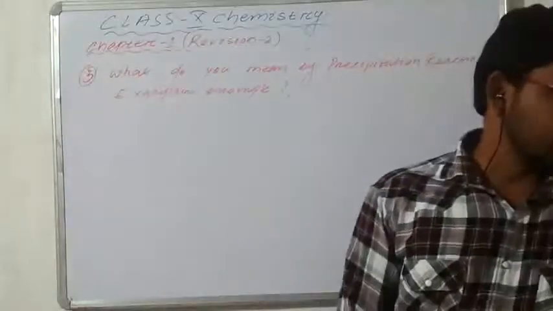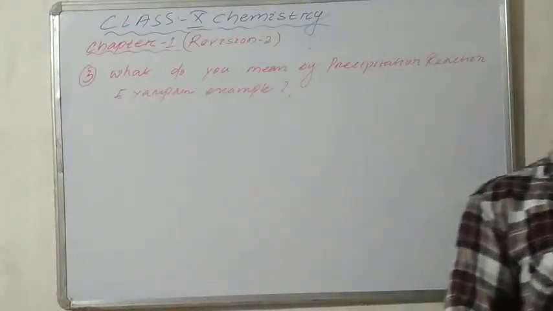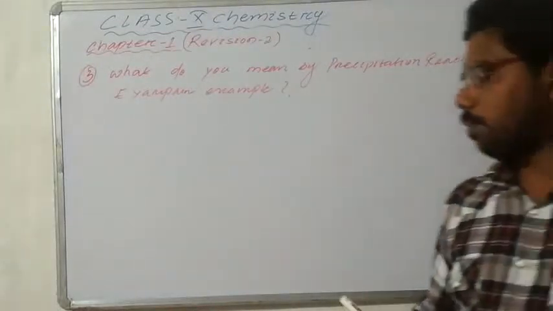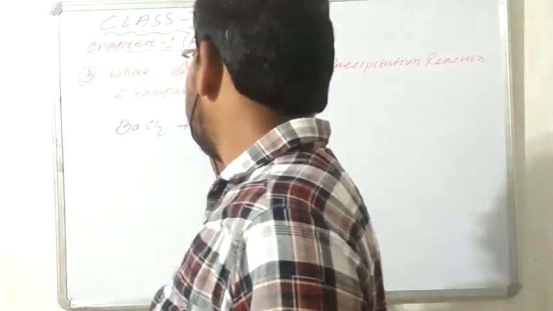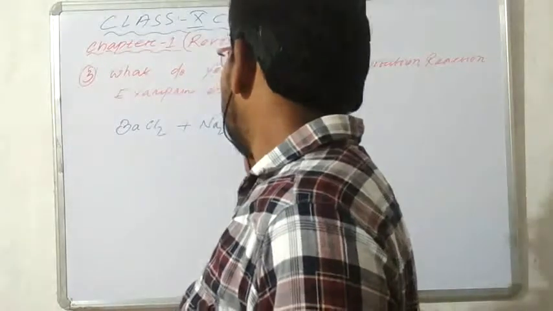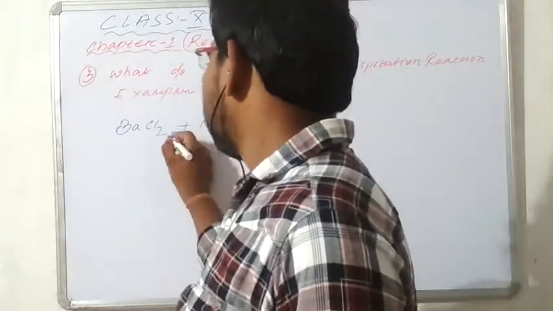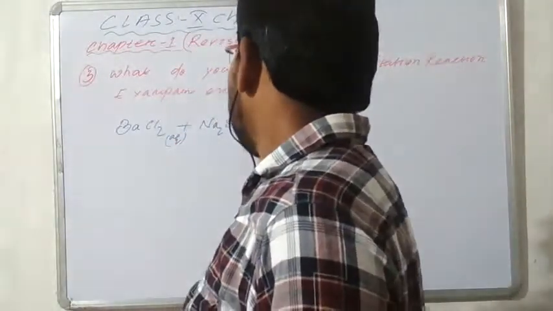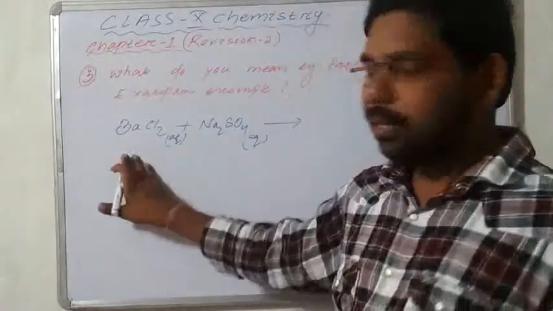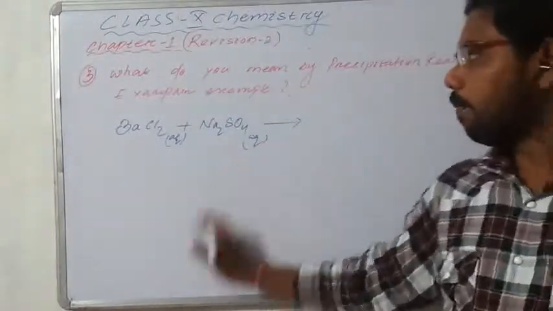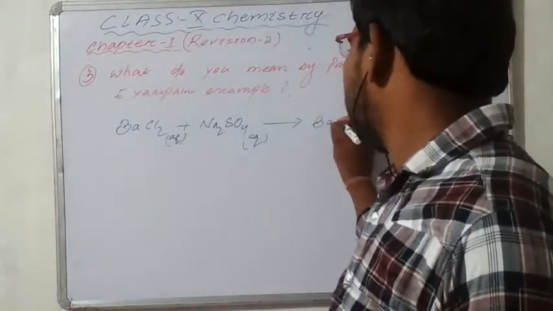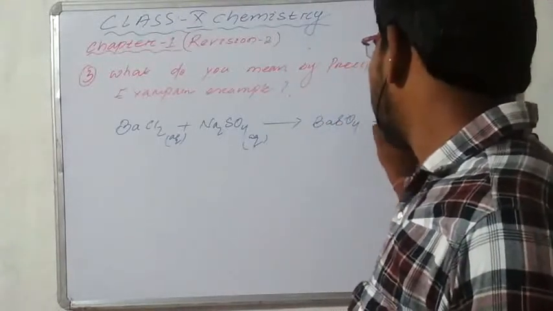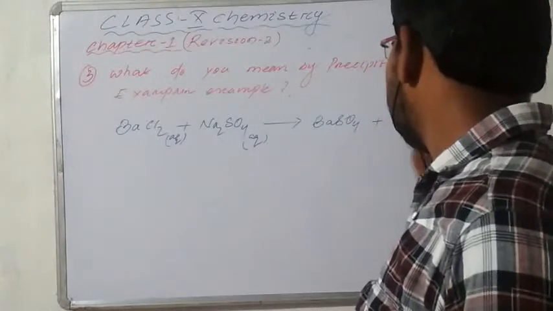Okay, we are discussing an example of a precipitation reaction, that is barium chloride and sodium sulfate. The reaction of barium chloride, BaCl2, and sodium sulfate, Na2SO4, both in aqueous medium. When we react barium chloride and sodium sulfate, the products formed are barium sulfate, BaSO4, plus sodium chloride, NaCl.